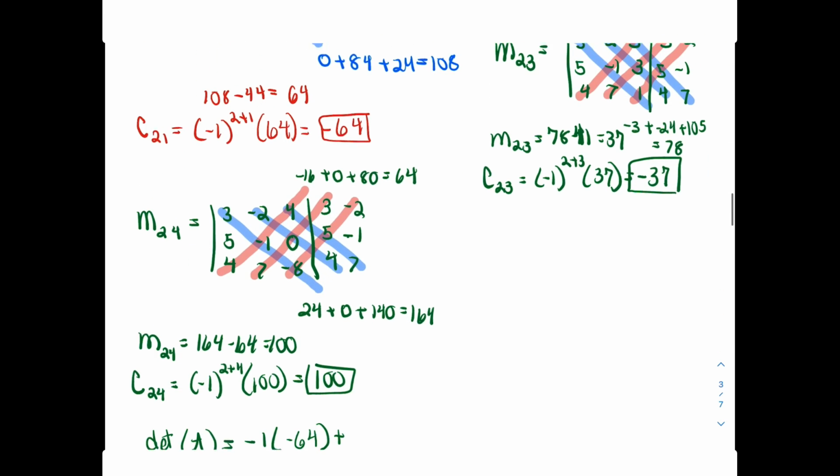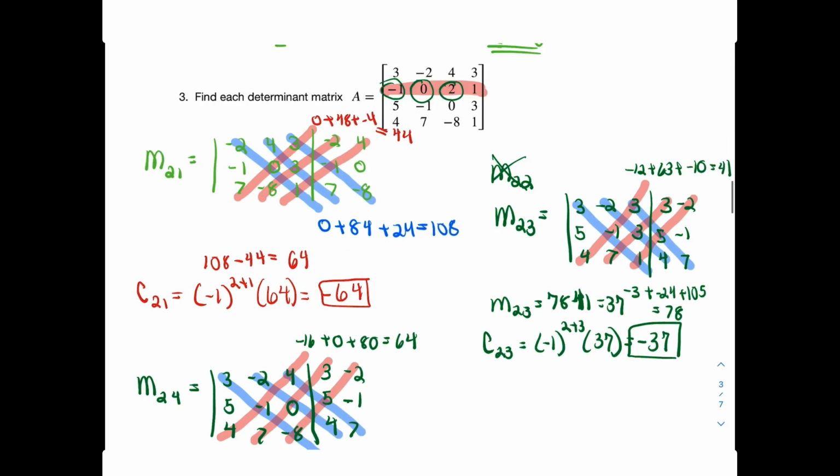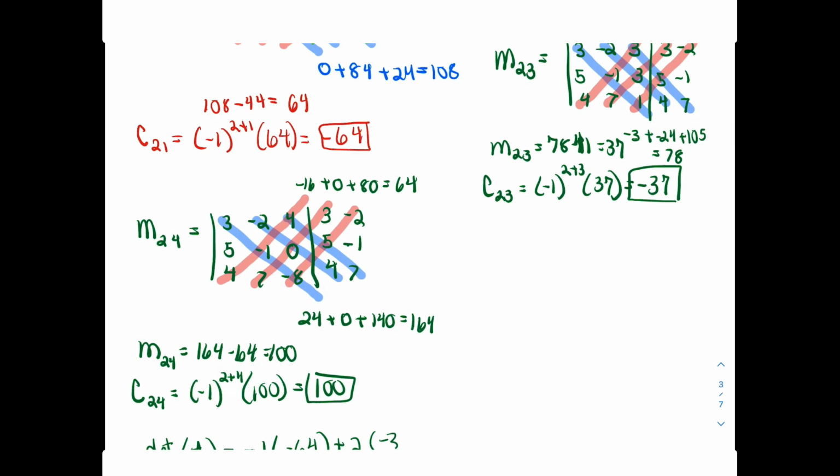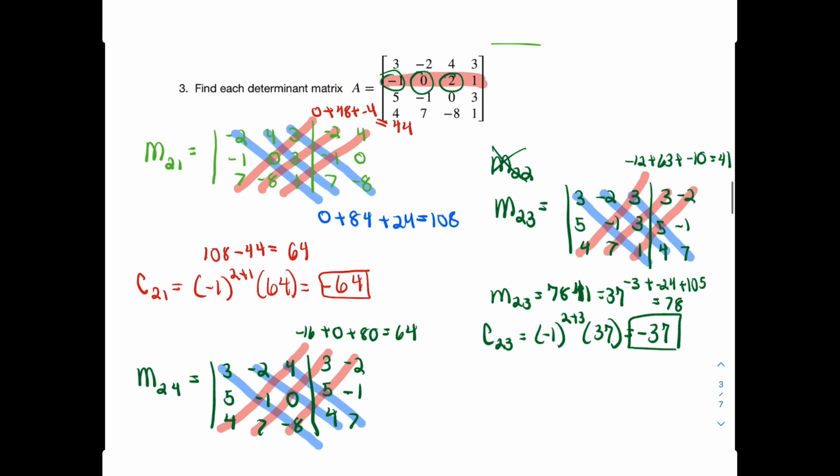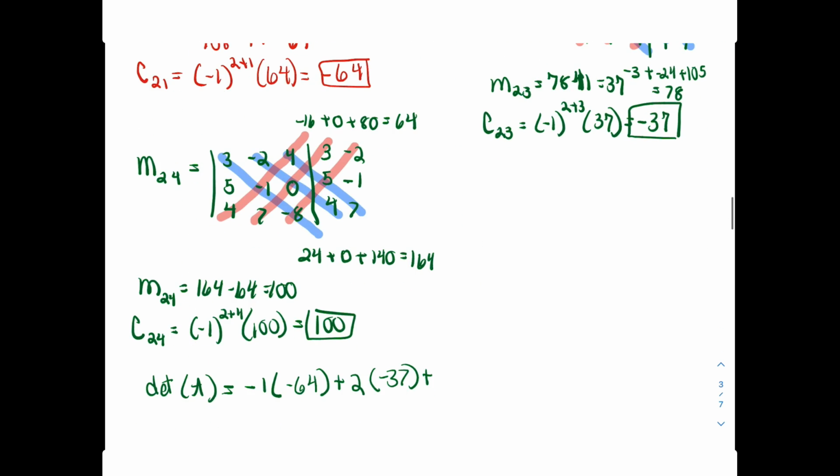Then I want to take the 0, which I don't have to do, so I'm going to switch over to the 2. And that is my row 2, column 3, so I times that by its cofactor of negative 37. And then I take plus 1 times by its cofactor of 100. And then I'm going to add these all together to get the determinant of my original matrix, which is 90. So the determinant of matrix A is 90.